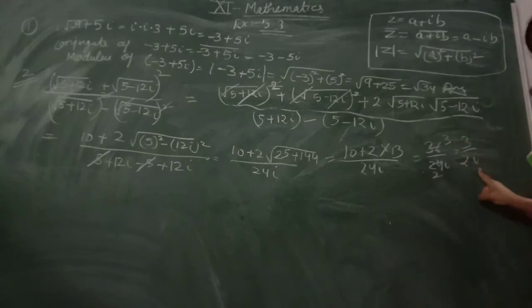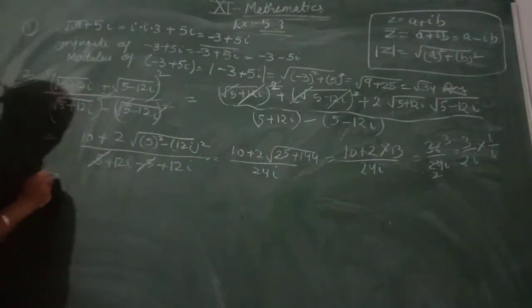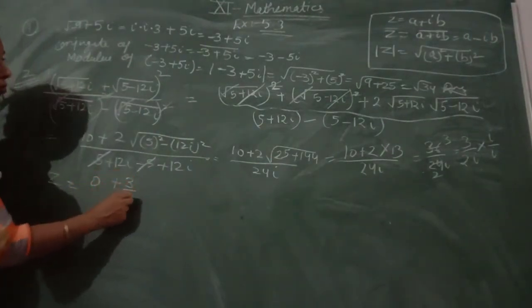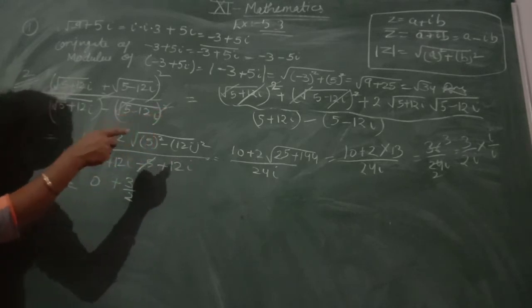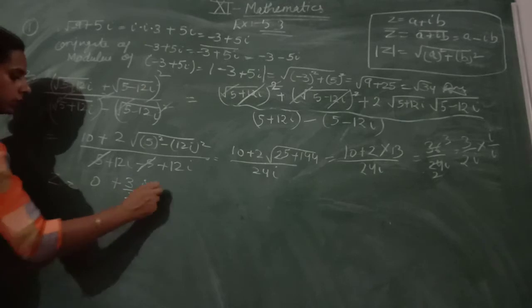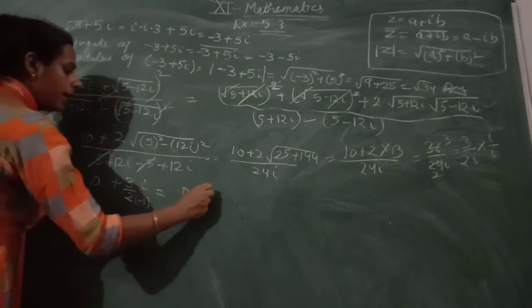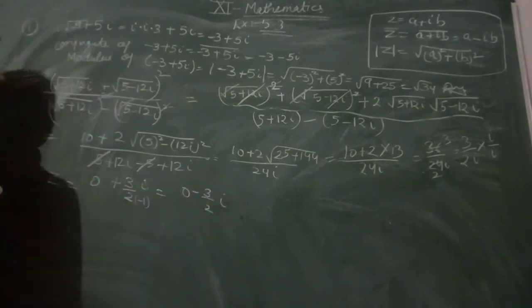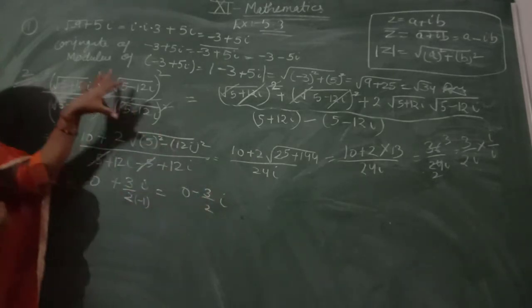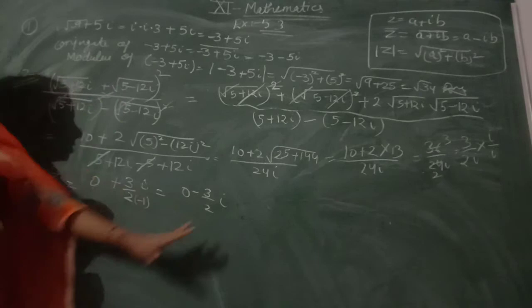Iota is still in the denominator, so it is not an acceptable form. Multiply with iota and divide with iota. Then you will have z in the form of a complex number: 3 by 2 iota into iota, iota square. Iota square is minus 1, so you can write it as 0 minus 3 by 2 iota. Now this is the simplest form, in the form of a complex number. The question is now converted into this form.